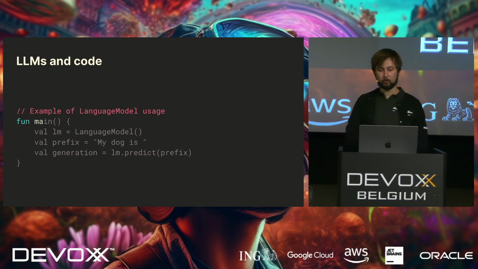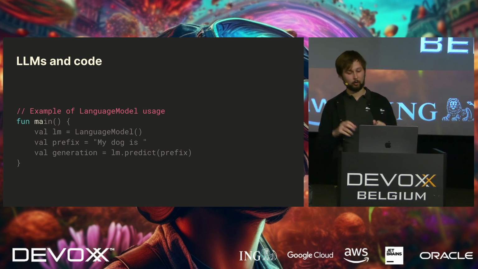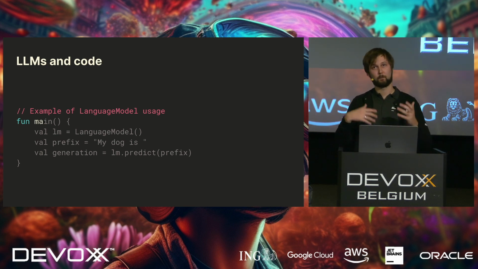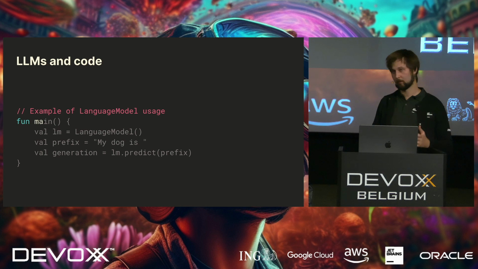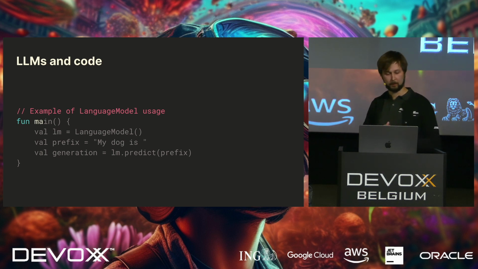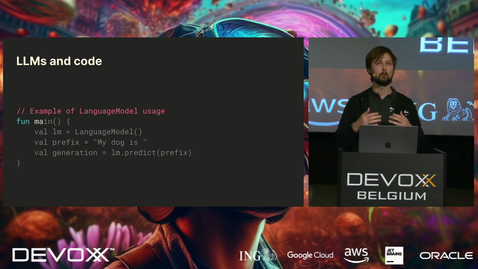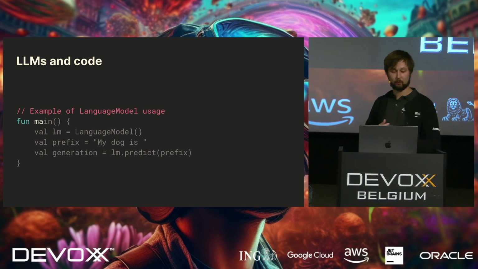And we see here a lot of examples of intelligence and knowledge in the large language model. For example, this model understands that language models are predicting something. And if we're talking about GPT-4 and other big models, they most likely have been trained on the whole of GitHub, so they do know that lm.predict is the way to predict something with language models.